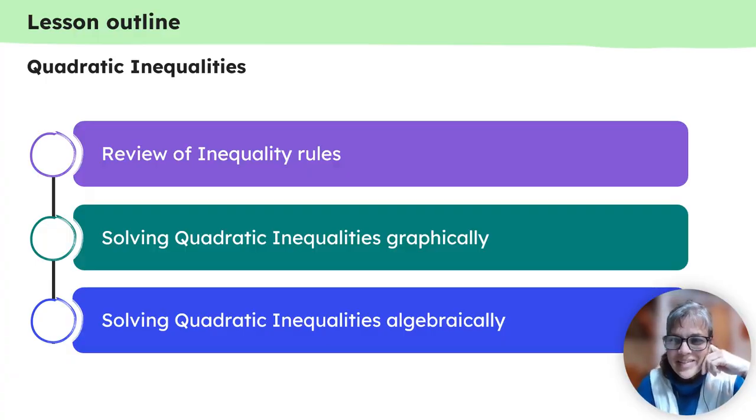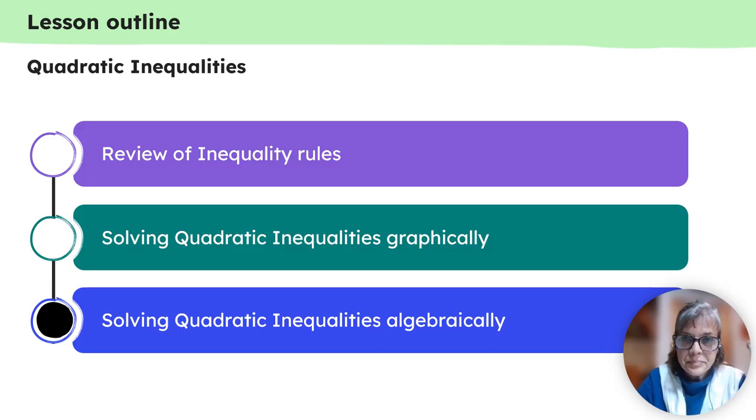All right, we want to move on to solving quadratic inequalities algebraically. So we know now how to visualize algebraic inequalities graphically, and we'll go on to try how to solve them without a graph.